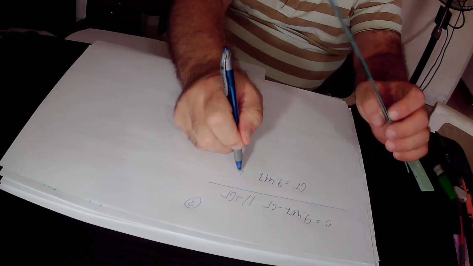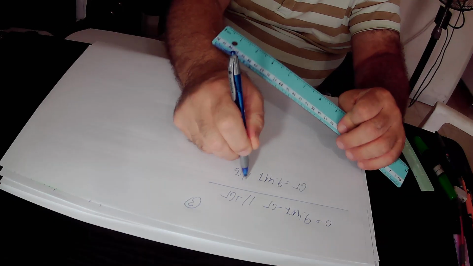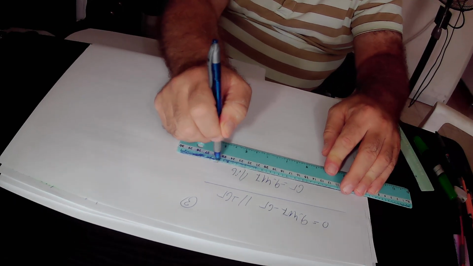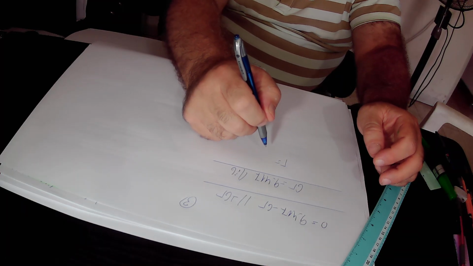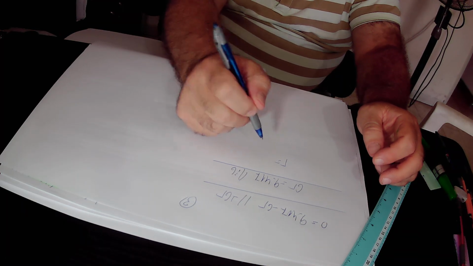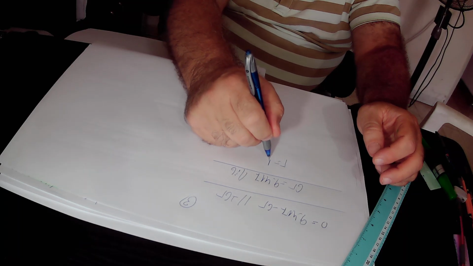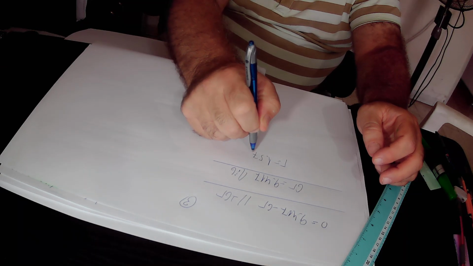Here we divide this equation by 6, and finally we get that R equals 9.417 over 6, which is 1.57 units.